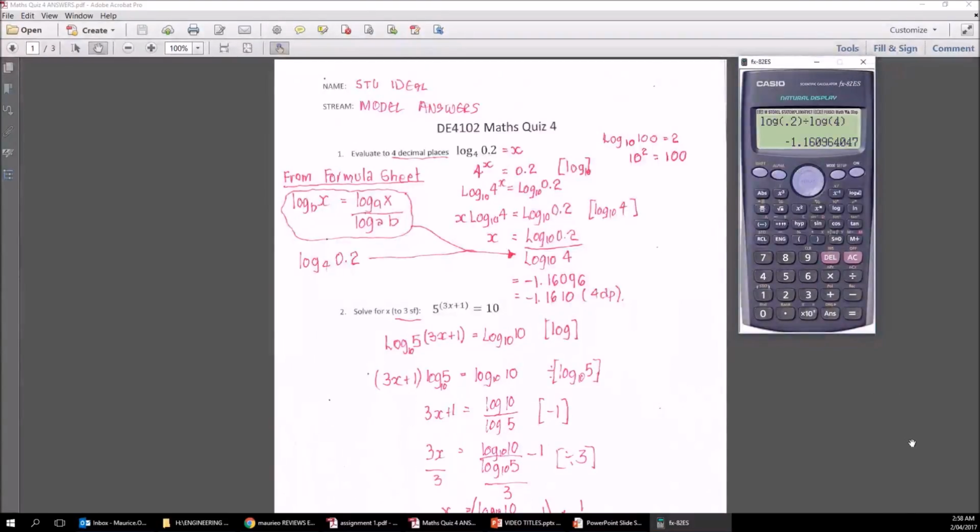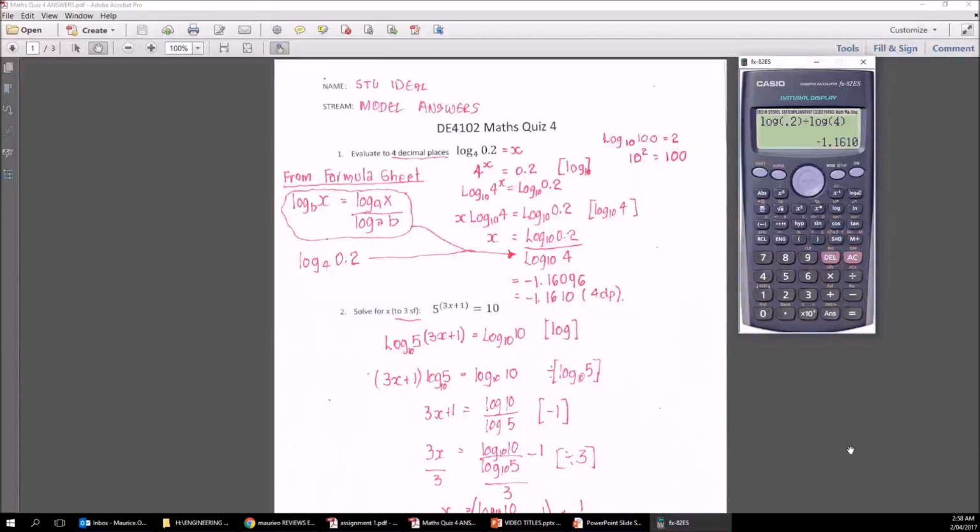And there we get 1.6096447. And it says that it wanted it to 4 decimal places. So if we go shift setup, fix is 6, and we say 4 decimal places, we get, oh, and don't forget the negative. Don't forget the negative.